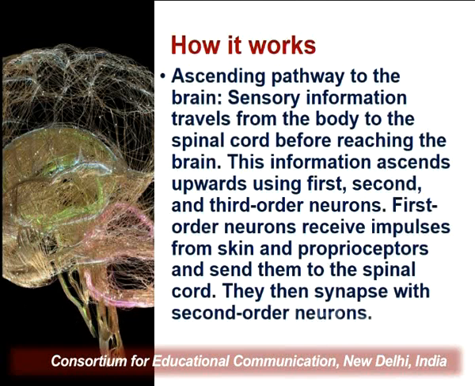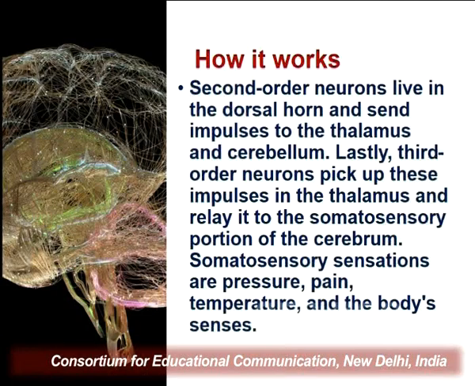First order neurons receive impulses from skin and proprioceptors and send them to the spinal cord. They then synapse with second order neurons. Then the second order neurons live in the dorsal horns and send impulses to the thalamus and cerebellum.